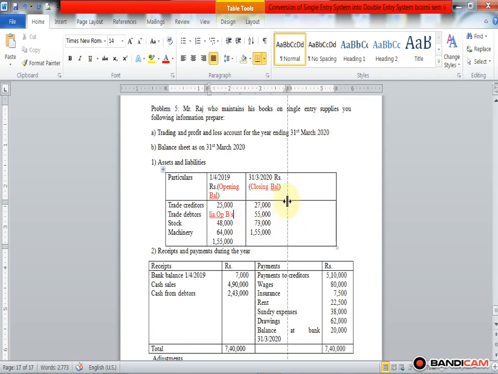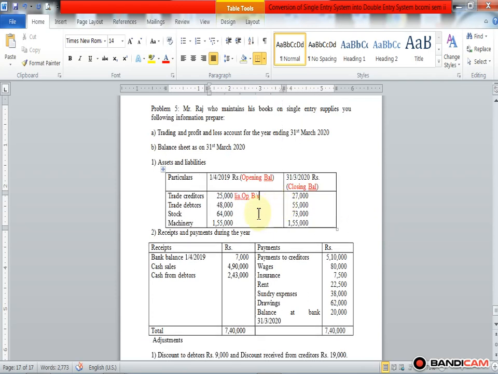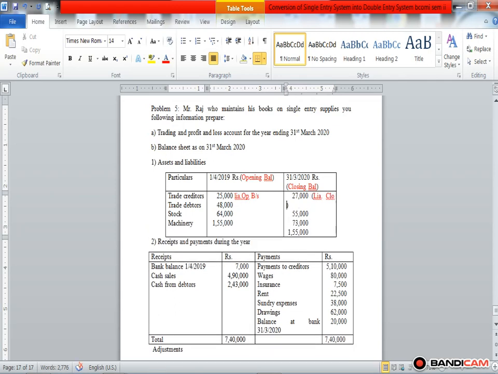So the opening trade creditors are transferred to the liability side of the opening balance sheet, and the closing balance of trade creditors is transferred to the liability side of the closing balance sheet.